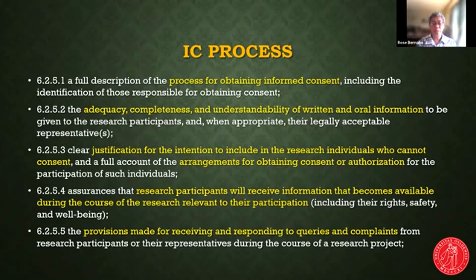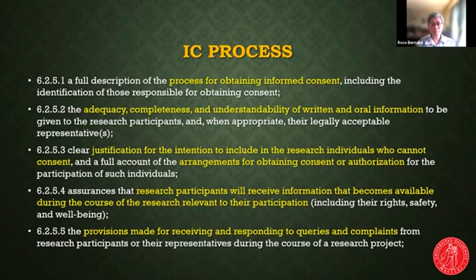So this means an oral explanation to both, and ideally also a written explanation and written consent process for both the parents and/or guardian, and the child who is already able to understand and comprehend.